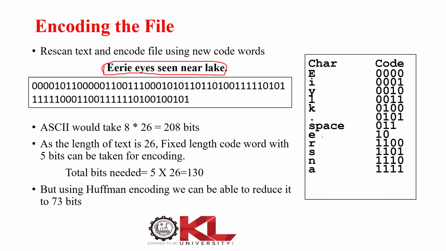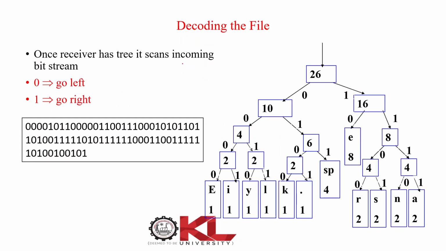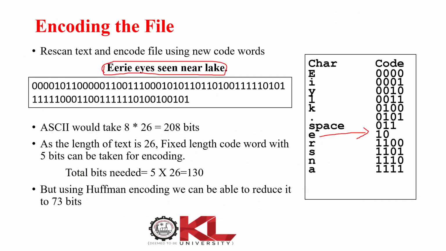Here we can see the most occurring E will have a smaller code and the remaining will have some larger codes. Decoding the file is also one of the important things. Here is an encoded message. To decode this, we need to make sure that if it is 0, we move towards the left side, and if it is 1, we move towards the right side.